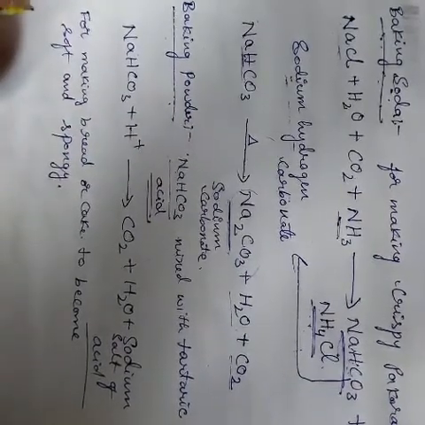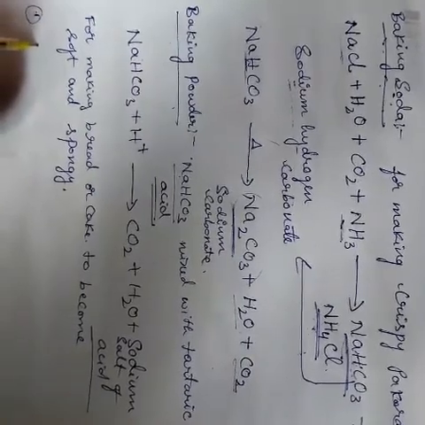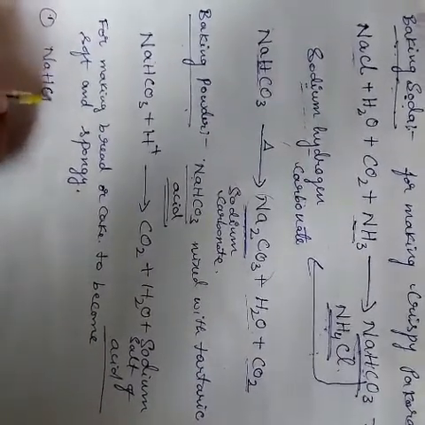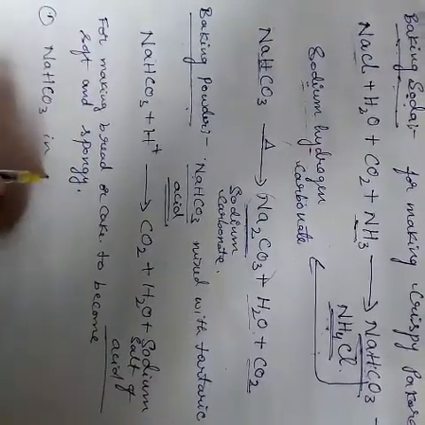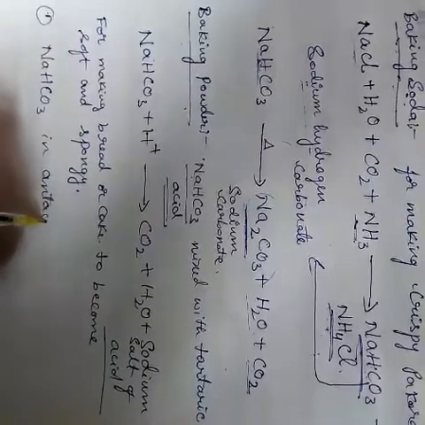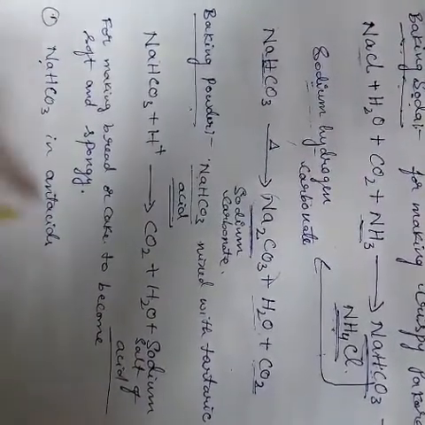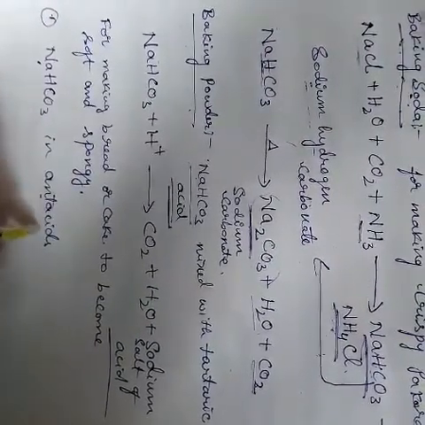And one more use: baking soda, that is NaHCO3, sodium hydrogen carbonate, is also used in antacid tablets. Milk of magnesia is also an antacid, and sodium hydrogen carbonate is also used in making antacids.